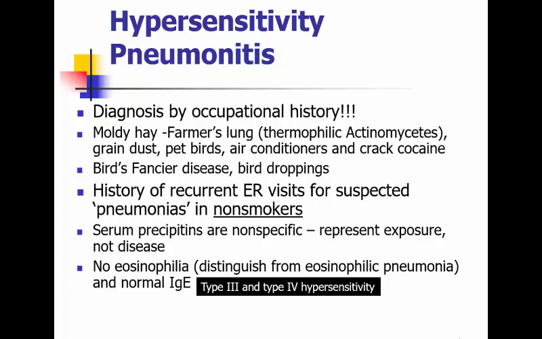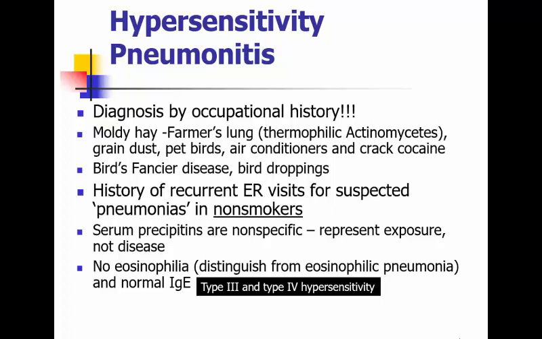So look for a history of recurrent ER visits with suspected pneumonia in a non-smoker, and the treatment is not helpful. When you give just an antibiotic, it is not going to help. So the issue is to avoid exposure to the offending agent. That's the best way.